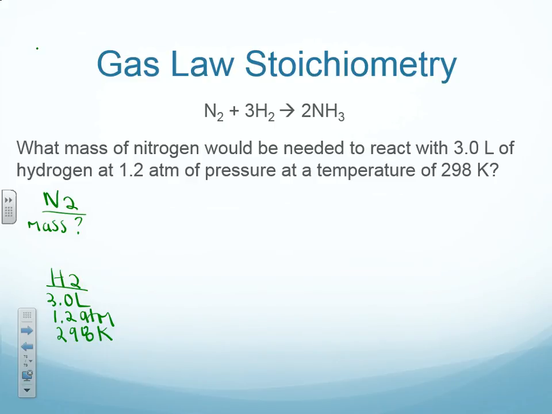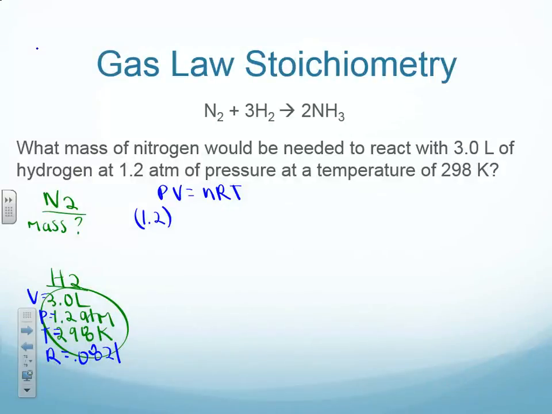Okay, so your first step, we have enough information to plug it into the ideal gas law equation. Okay, so this is your volume, your pressure, your temperature. Okay, R is always going to be 0.0821 when we're using these units. Okay, so there's my pressure. The volume is 3 liters.